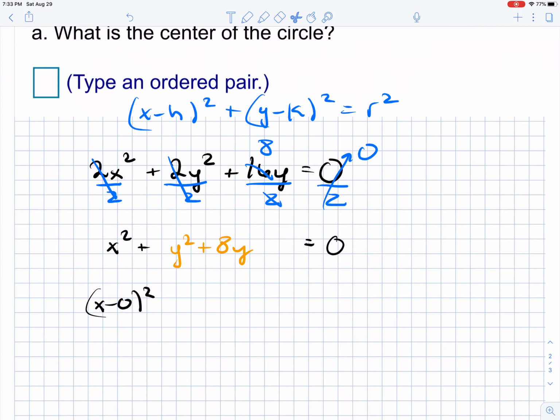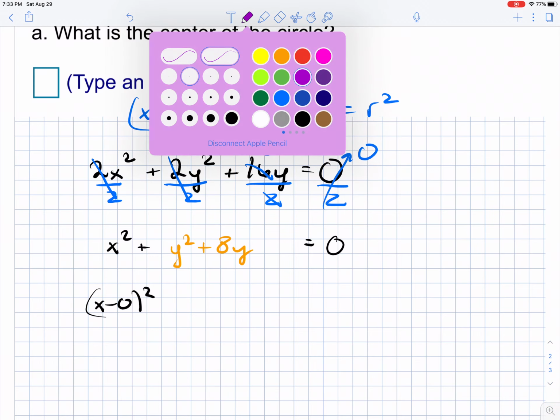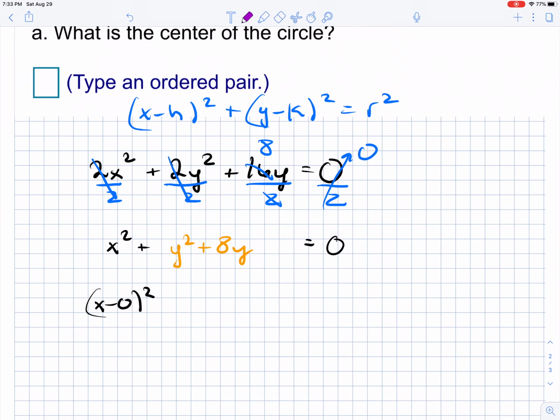Now with these y's, we can do completing the square here. If we do the completing the square step with a y, we have to say b over 2 squared and add that to both sides. Our b in this case is 8, so we're going to say 8 divided by 2 squared, and we're adding that to both sides. 8 divided by 2 is 4, squared is going to be 16.